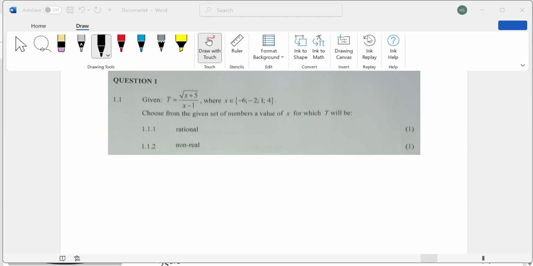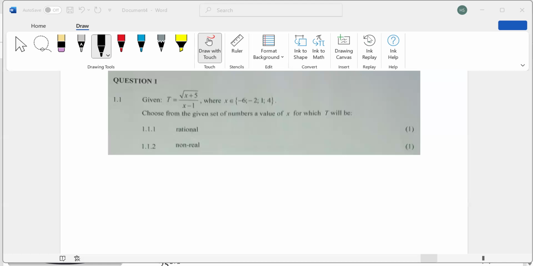They say choose from the given sets of numbers a value of x for which t will be rational. Now what do we understand by rational? Rational is whereby you get a number which is a decimal that is terminating or a decimal that is recurring.